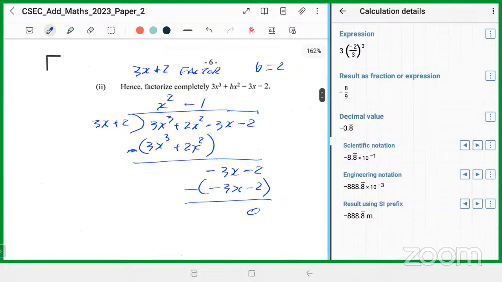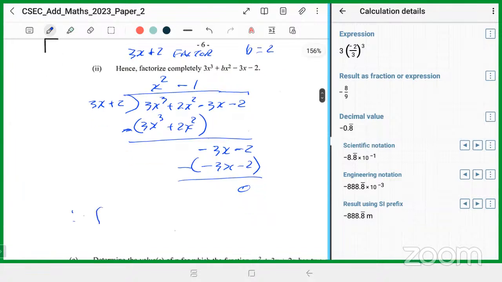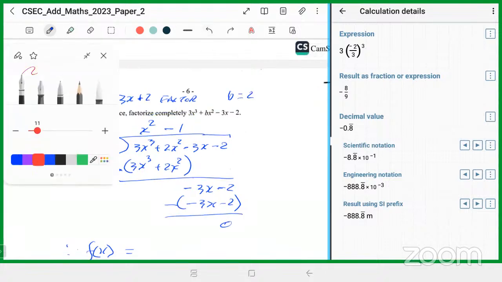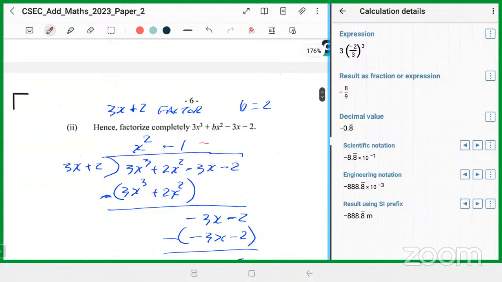So my expression becomes this times this. Therefore, f of x is, and I can factorize this as a difference of two squares. This factor, x squared minus 1, is x minus 1 times x plus 1.